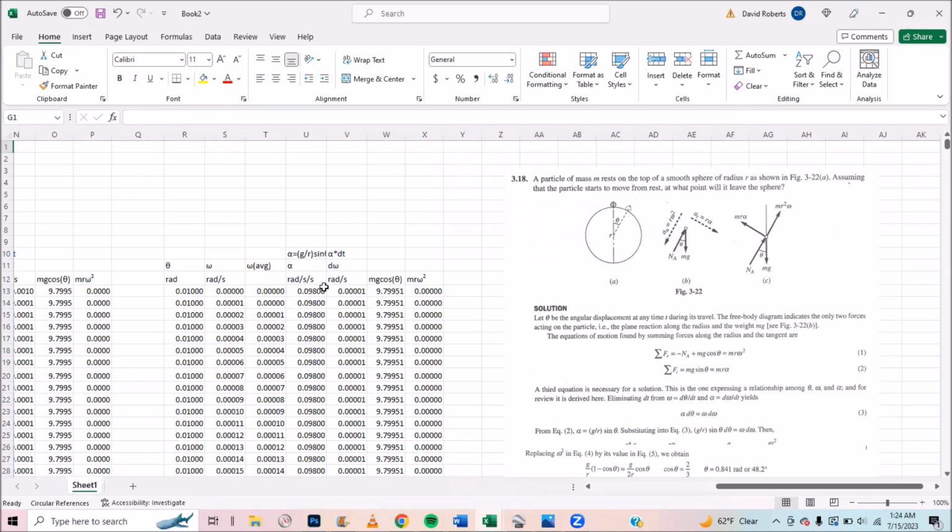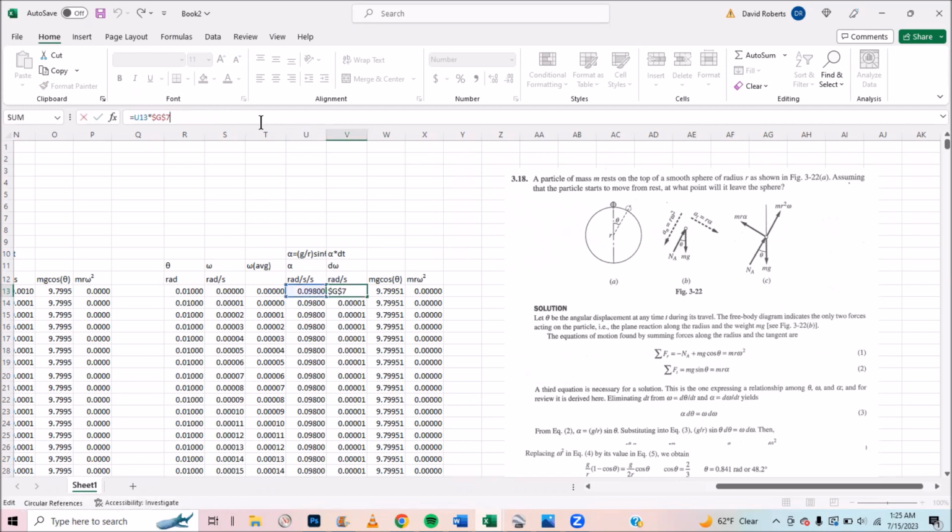So the only thing not accurate about this is that I didn't find an average angular acceleration. I just chose a point. I said, if this is my angle, this is my angular acceleration, and I'm going to say that this is the angular acceleration for a very short amount of time.